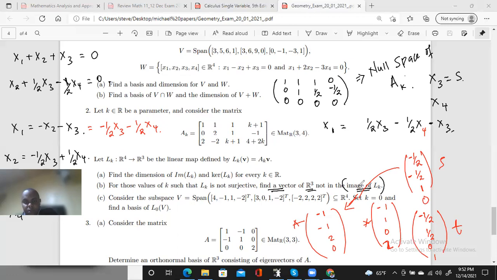Okay, so we need to find a way that the rank is not equal to the rows. Yes, and we only found that way by equating k to -1. But is there not another way?